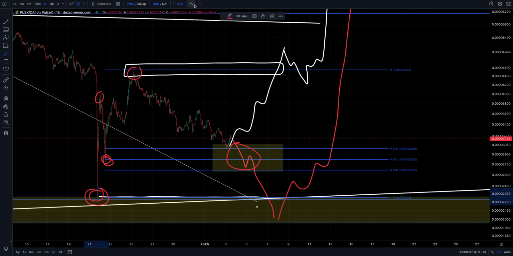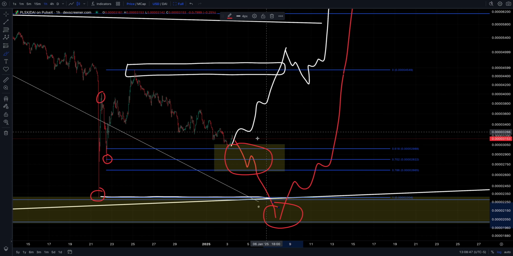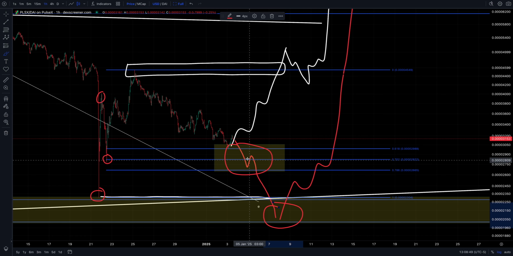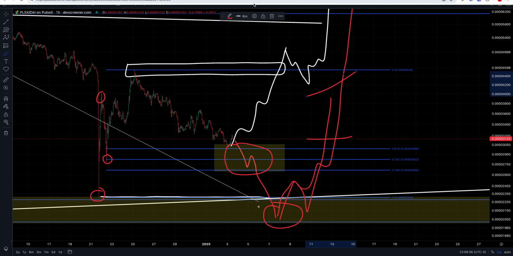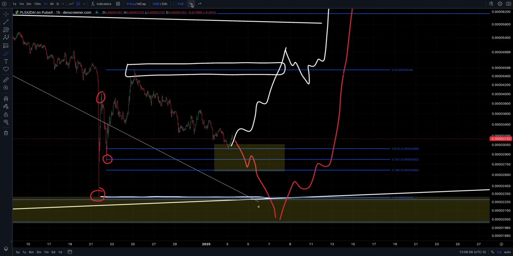Okay, so this is just the psychology of the market. After your secondary test in phase B comes in, either over here or over here, we would come up for your last point of support. Okay, so we would come up, come down for a test, and then come up for your last point of support, and then off to the races we go. Okay, so you want to be looking within this range over here.